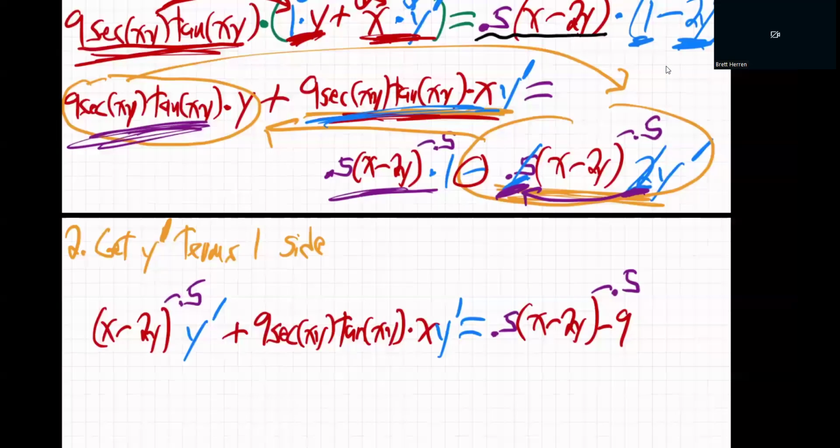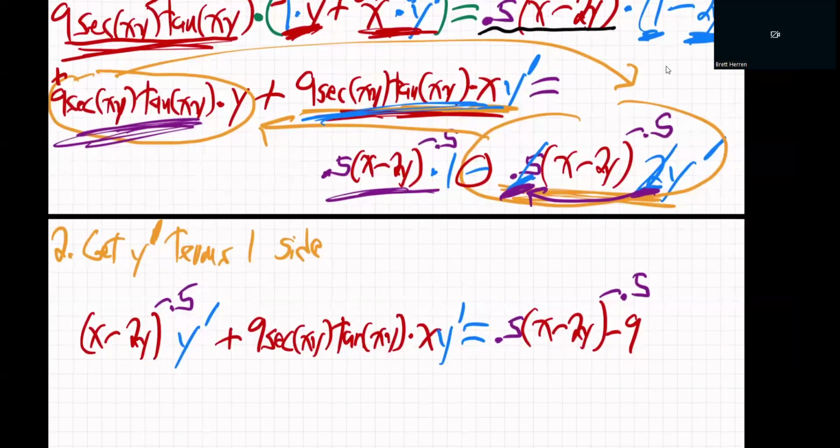When he jumps to the side, it becomes negative: minus 9 secant xy tangent xy times y. There we go. That's not so good, is it? Let me try it again. Just trying to get this squeezed in here. Secant xy. That's just a terrible problem.